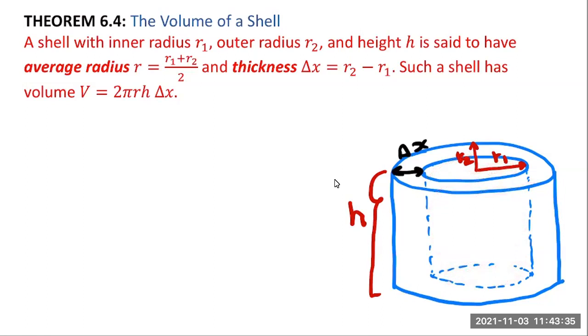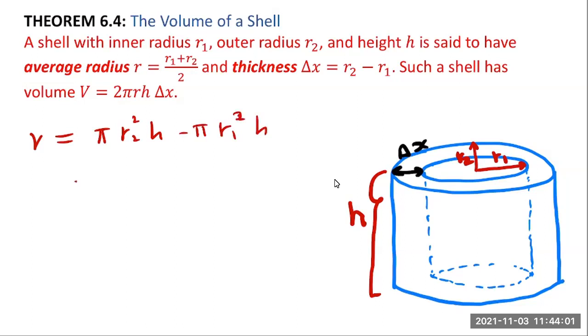So let's find the volume of the shell and show that it is equal to this quantity. The volume of the shell V is equal to pi R2 squared h. That is the volume of the bigger cylinder. You subtract the volume of the smaller cylinder, pi R1 squared h.